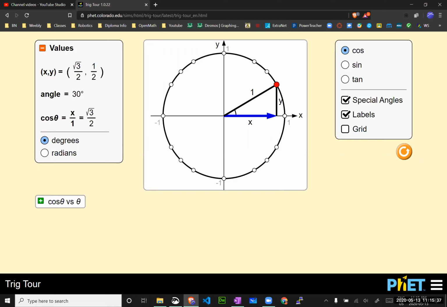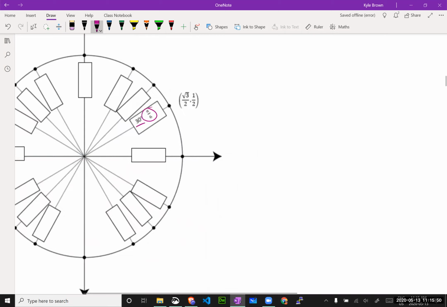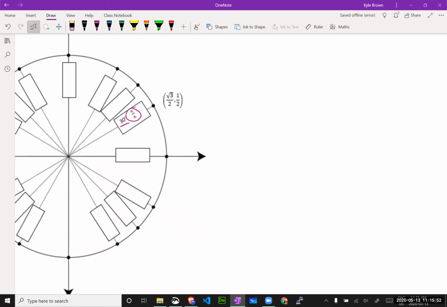So it tells me that 30 degrees is the same as pi/6 radians. I'll show you how you would find that. We'll get our ratio: pi is the same as 180.